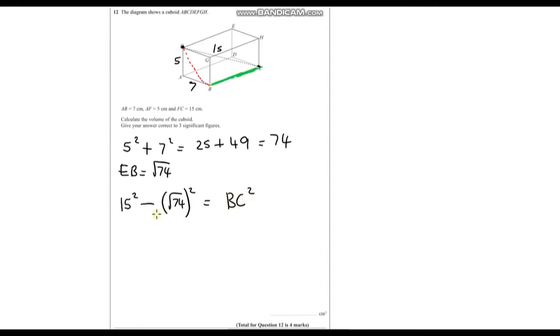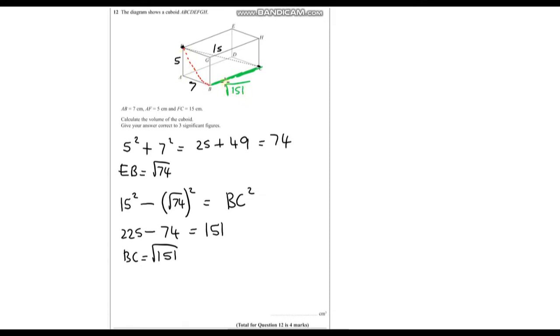So let's work out what that is. 15 squared is 225. Root 74 squared, well, that's just 74. So what does that give us? 225 minus 74. That gives us 151. Therefore, BC is the square root of 151. We just leave it as the square root of 151 for now. So we have found out that this length here is the square root of 151.